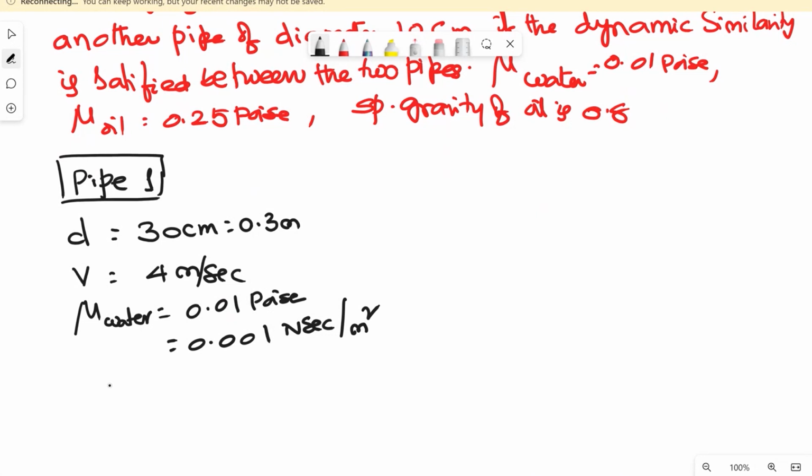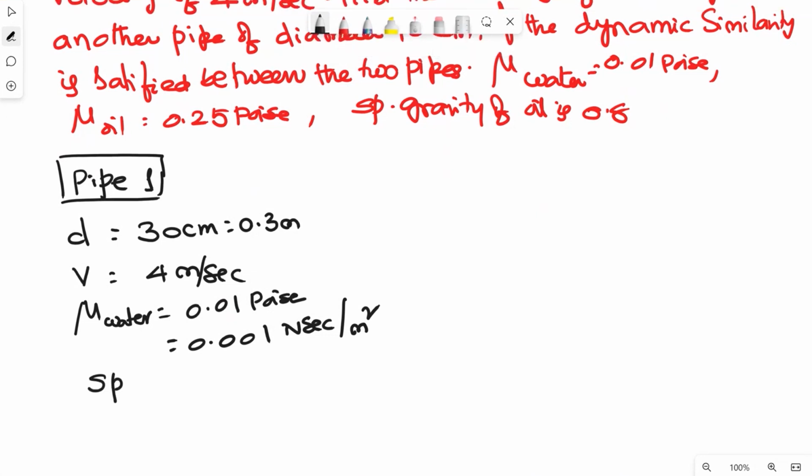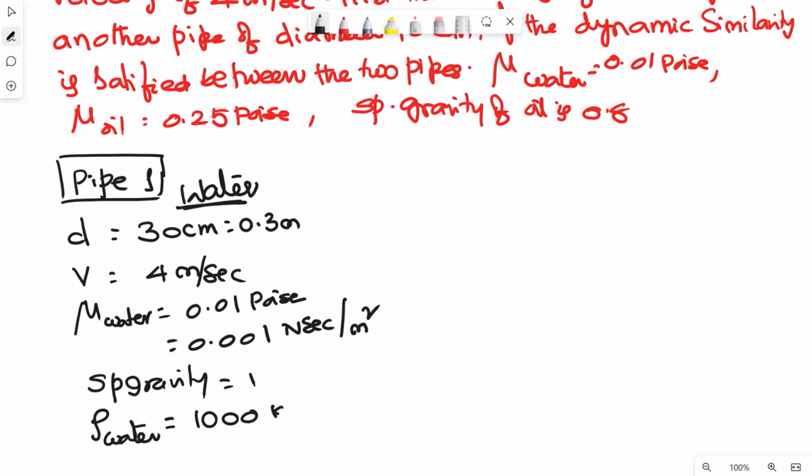Specific gravity of water is equal to 1. Therefore rho water is naturally 1000 kg per meter cube. So all this is regarding pipe 1. Now let me take pipe 2.